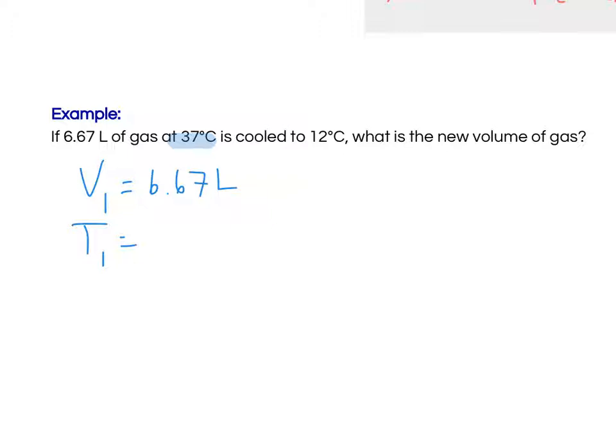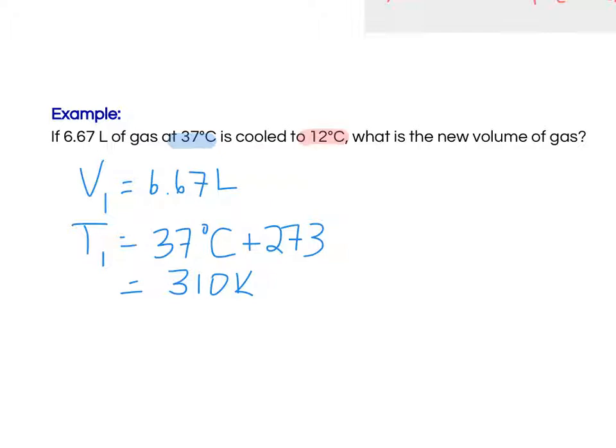I remember that I can't have my temperature in degrees Celsius, so I'm going to convert that to Kelvin by adding 273 to that value. And when I add those two together, I have my temperature that I'm going to use in this problem, which is 310 Kelvin. Okay, let's continue to look at the problem.